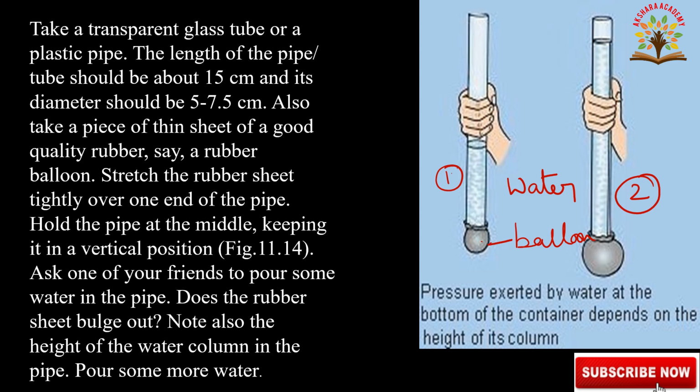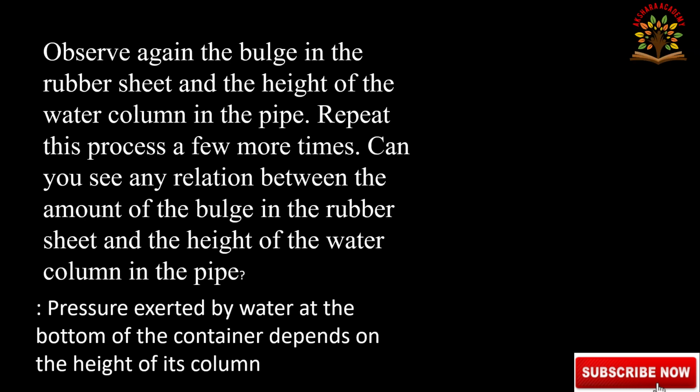Again we are pouring some more water into this. What do you observe? Here the balloon is bulged a little bit bigger than the first situation. Observe again the bulge in the rubber sheet and the height of the water column in the pipe. Repeat this process a few more times.